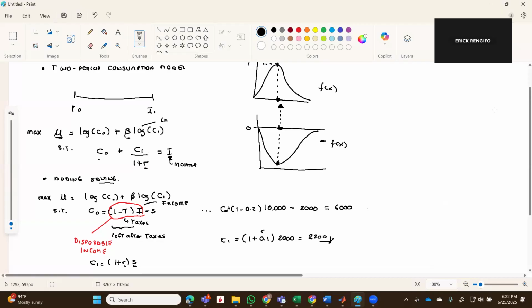So this is what I'm saying, guys. Okay, this is an example. But what we try to do is we try to find the values C0 and C1 given the taxes, given my income, and given my interest rates that are present in the market. What is the optimal C0 and C1? Make sense to you guys?